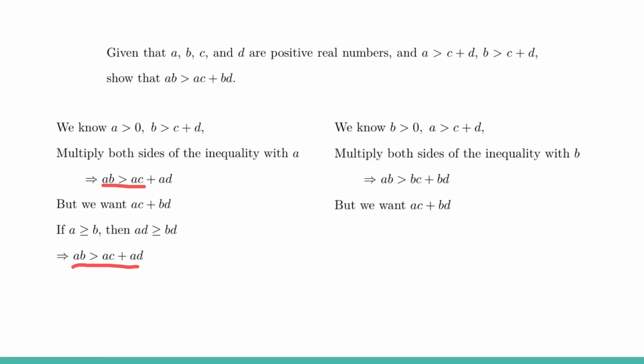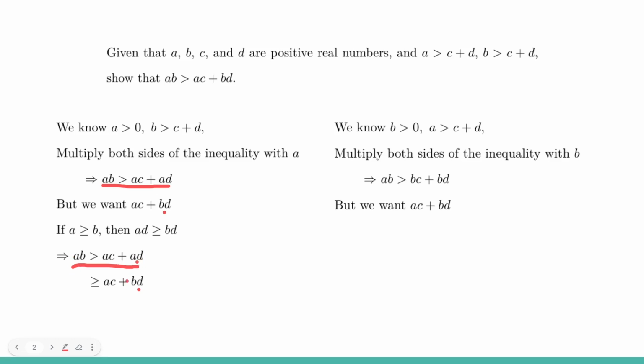We already have this. But now, because we've established a relationship between AD and BD, we can continue by saying that AC plus AD is greater than or equal to AC plus BD. Because the only term that's differing, AD here, is larger or equal.